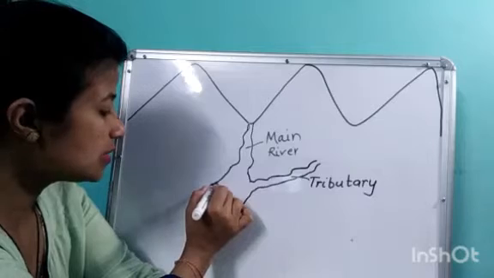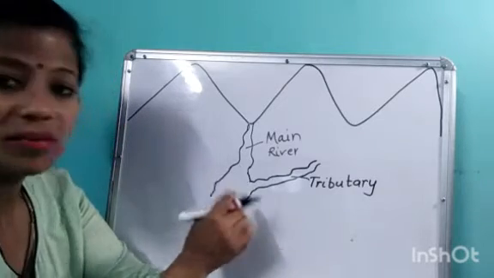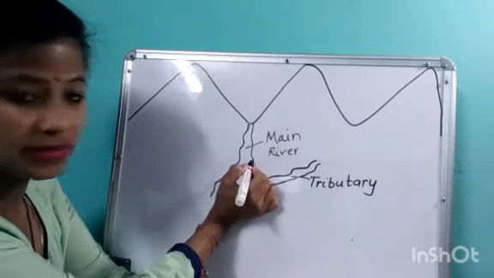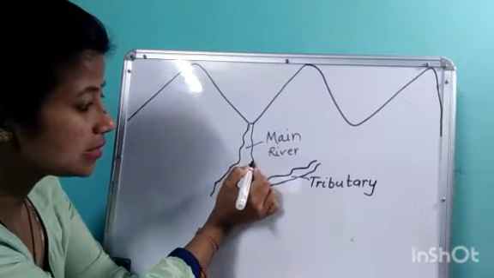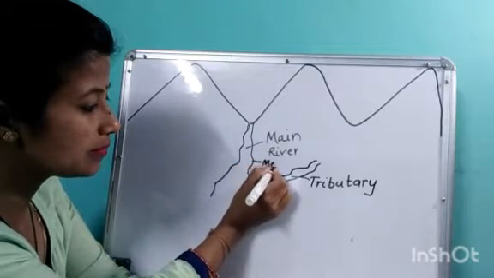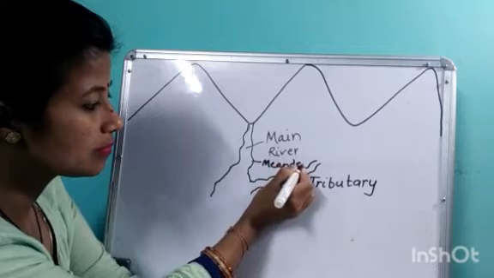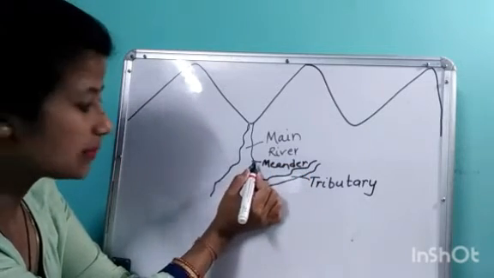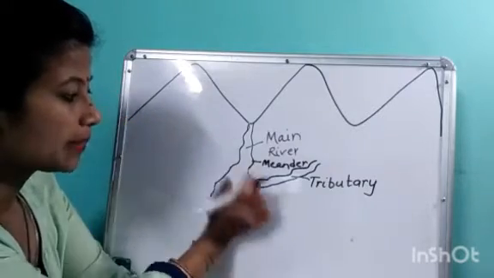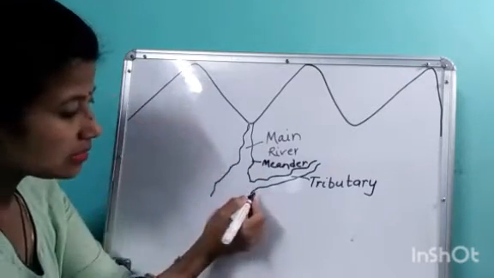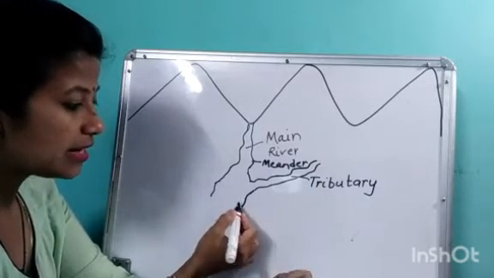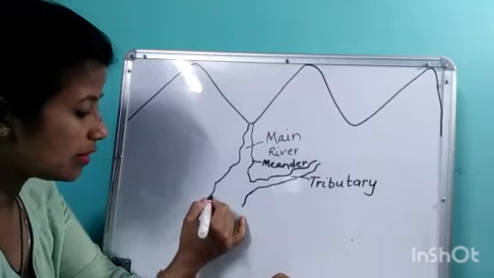After this, the meander is like a curve. Slightly it is curved here. This is a meander.